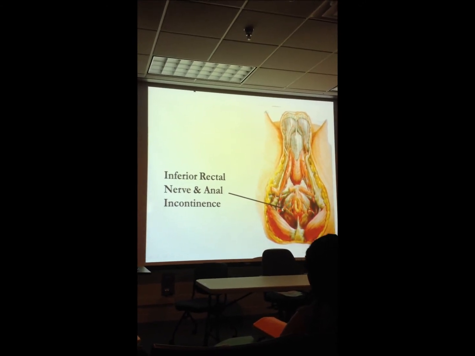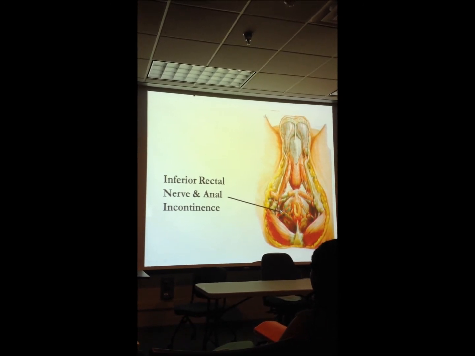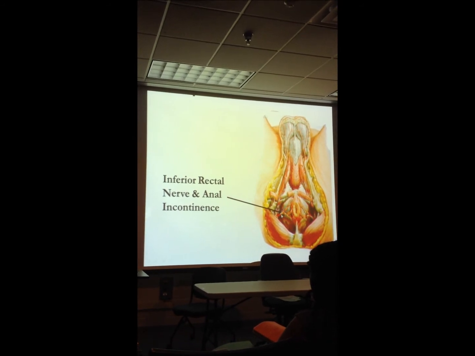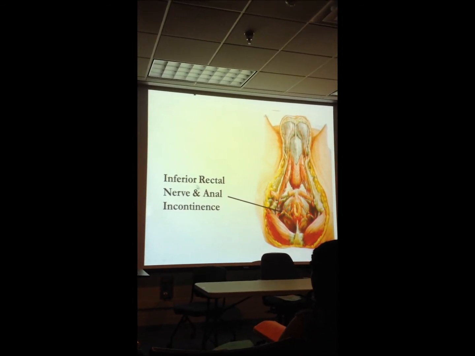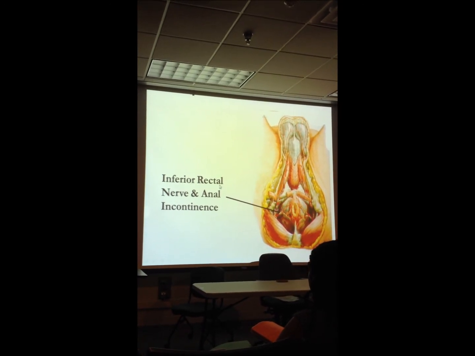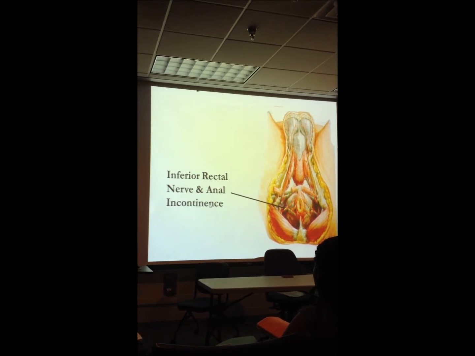Let's go dig out that tumor. Whatever tumor might be in here. Let's go rooting around in here for something else. Well, the problem is if you go rooting around in there without some due caution, you can wreck this inferior rectal nerve and then you get anal incontinence.